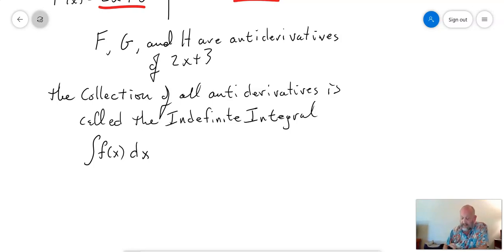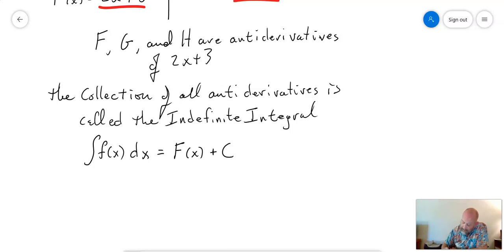But this represents the collection of all antiderivatives. And if capital F is an antiderivative, then the indefinite integral of f of x dx is going to be capital F of x plus some constant, right?